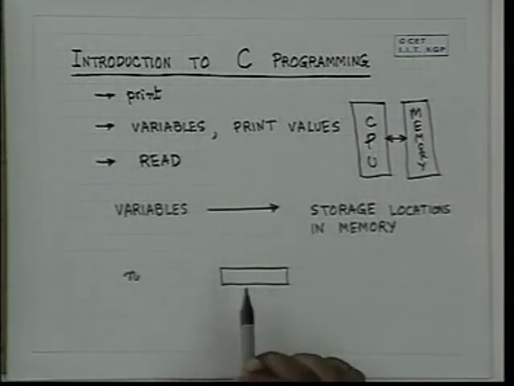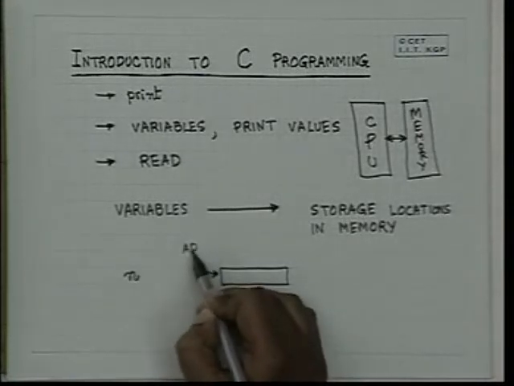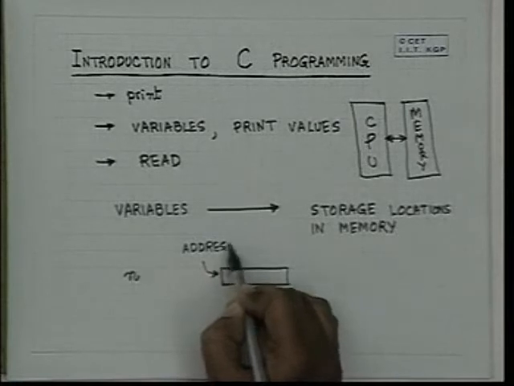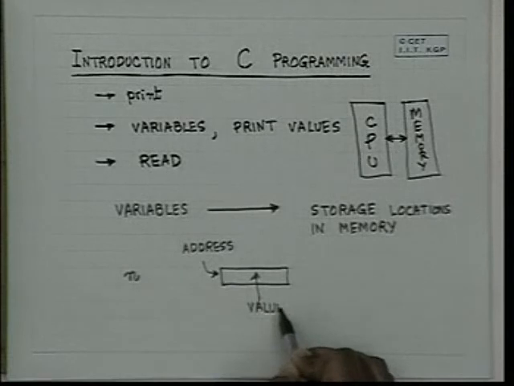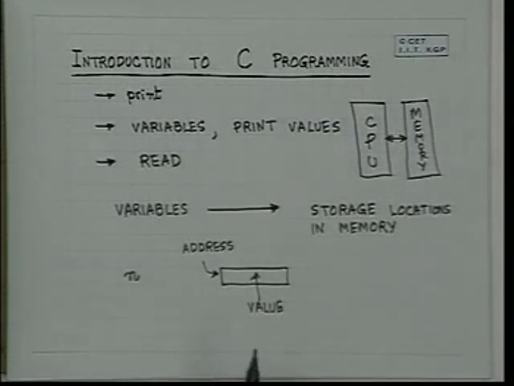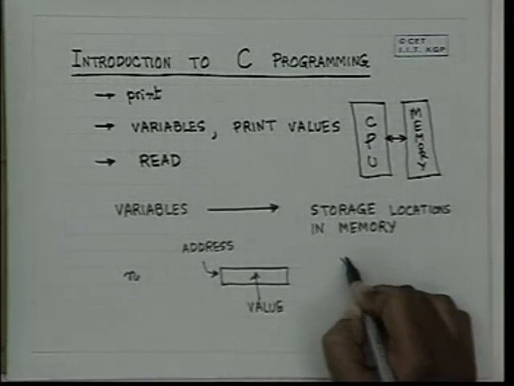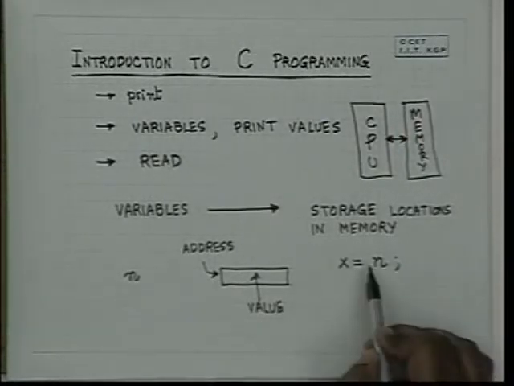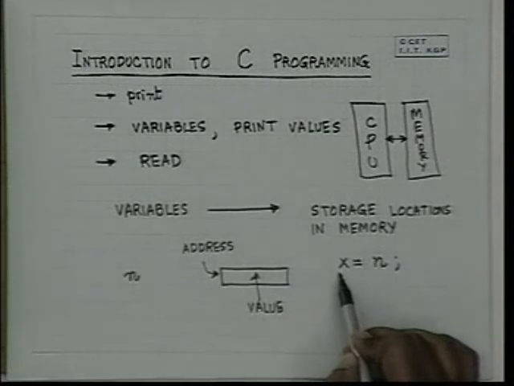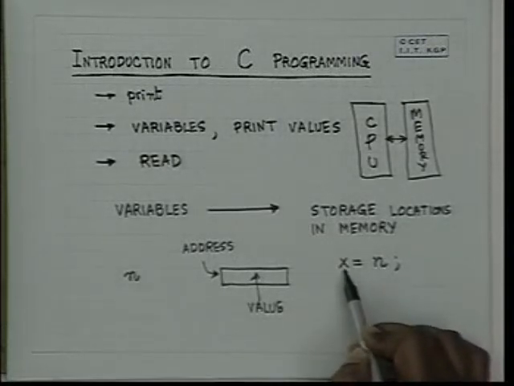Now this memory location has got two items. One is the address of this location, and the other is the value inside this. Whenever in the C programming language you write x = n, this means x is assigned the value of n, or in other words, the value of n is copied into x.